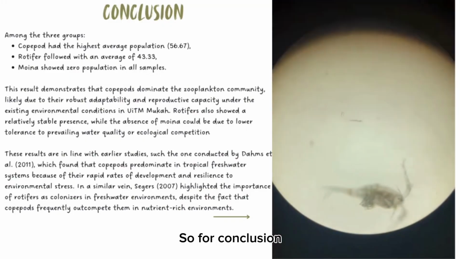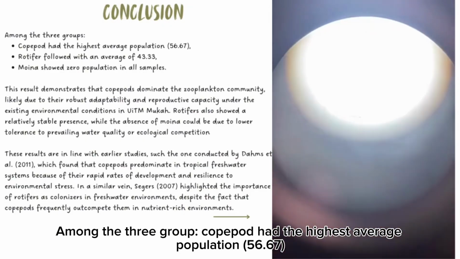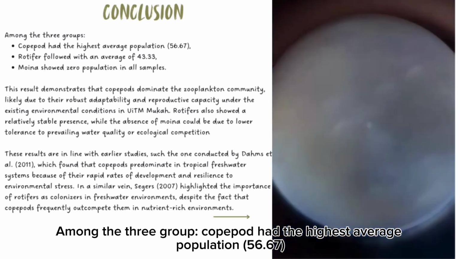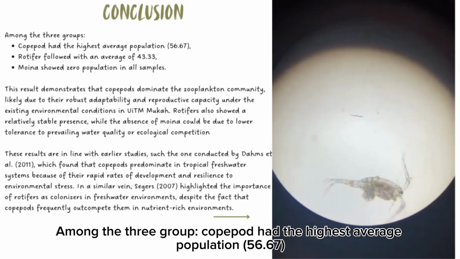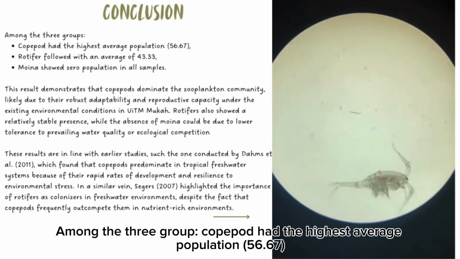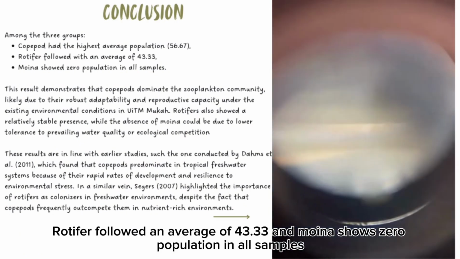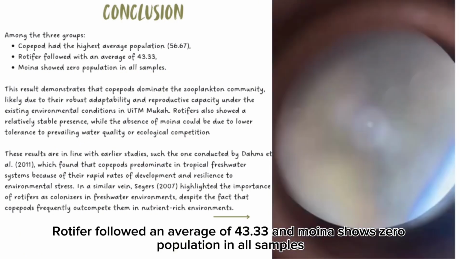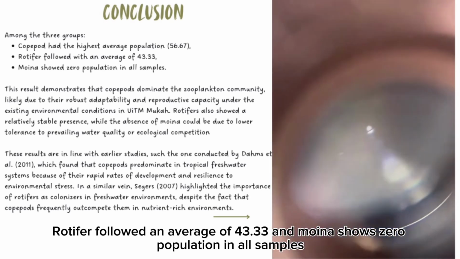So, for the conclusion, among the three groups, copepod has the highest average population, which is 56.67, and rotifer followed with an average of 43.33, and moina shows zero population in all samples.